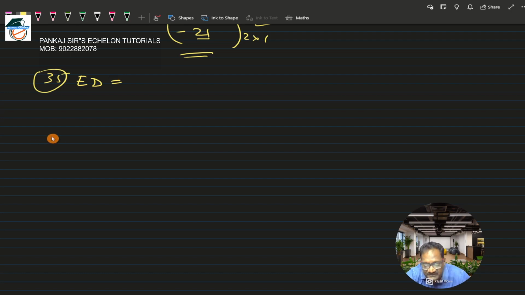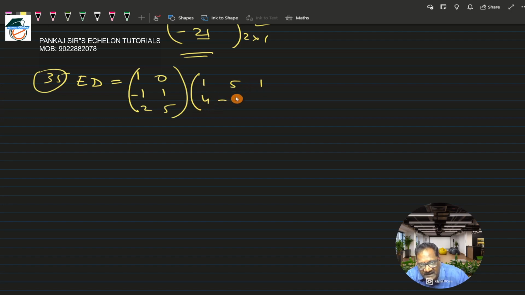E matrix will be 1 and 0, minus 1 and 1, and 2 and 5. And your D matrix is 1, 5, 1, and 4, minus 6, 1. Okay. Now let us check the compatibility first.